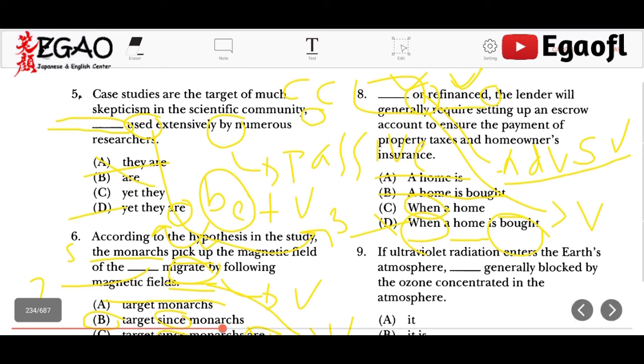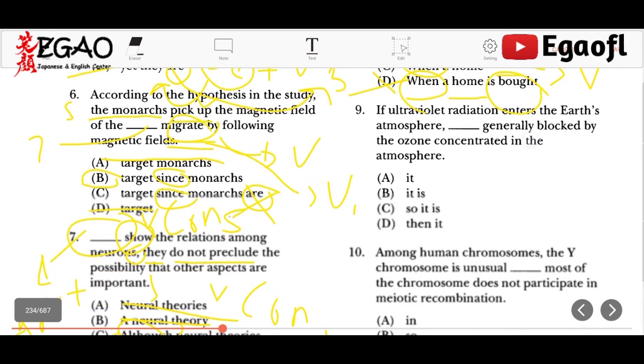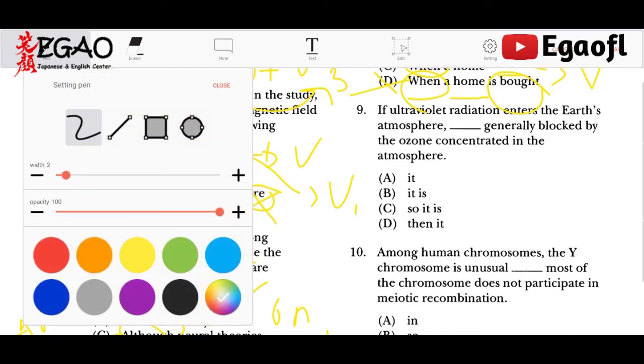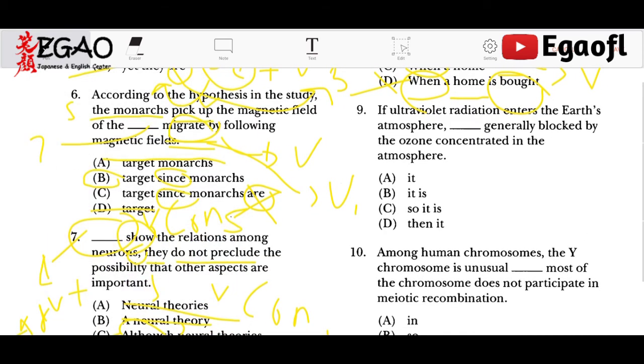Now let's move to number 9. In number 9, if ultraviolet radiation enters the Earth's atmosphere, space generally blocked by the ozone concentrated in the atmosphere. Okay, so the connector here is if. There is a comma here.